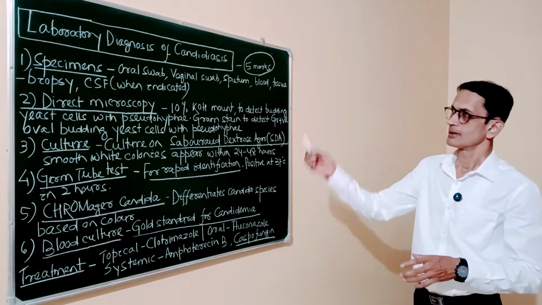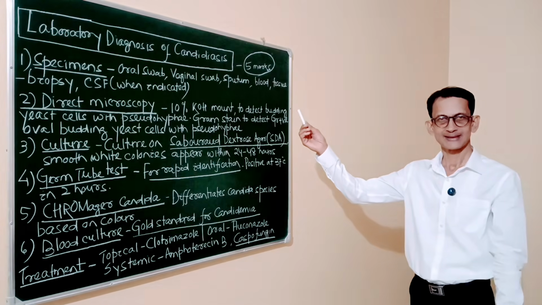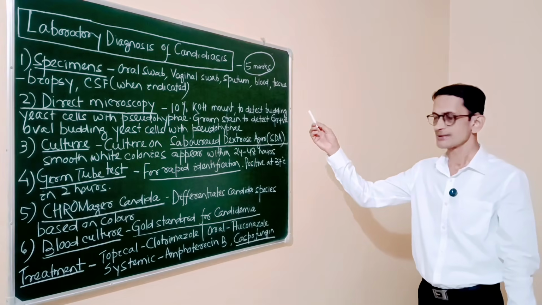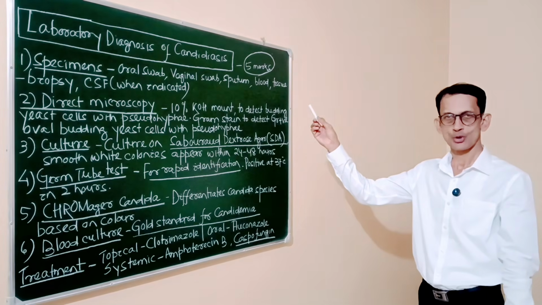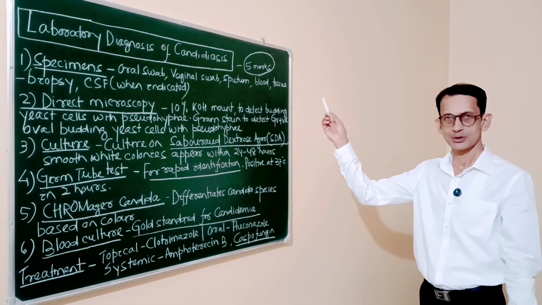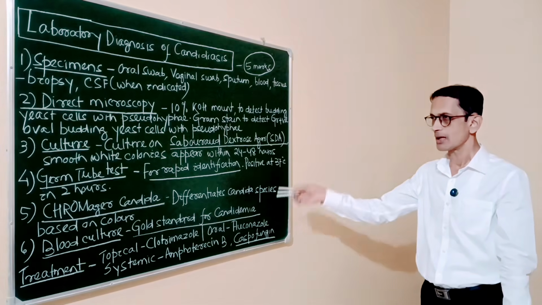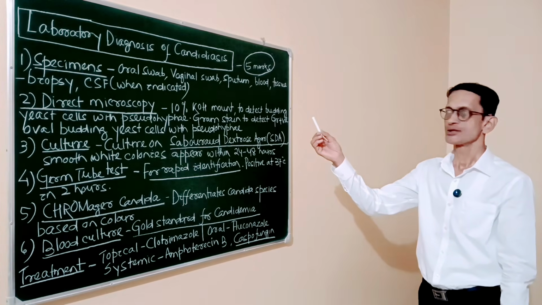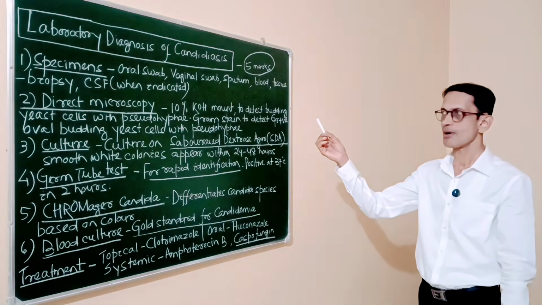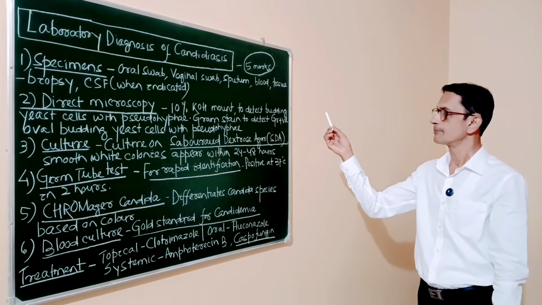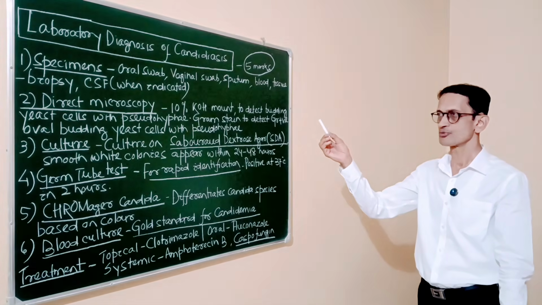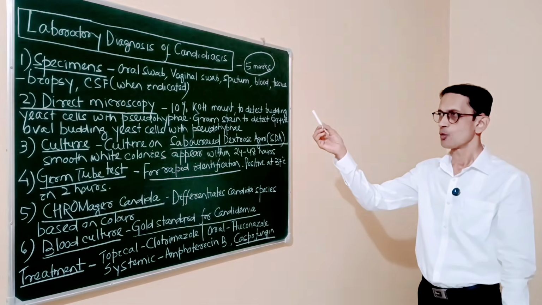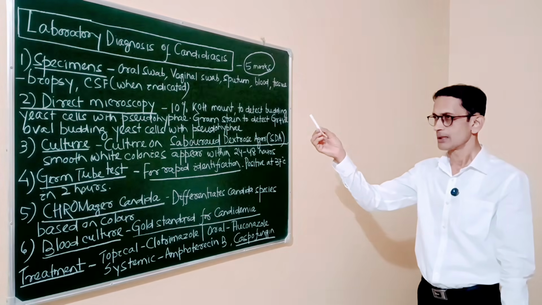So next, laboratory diagnosis of candidiasis. Note this guys, this is also a 5 marks question, and here is the answer for you. Specimens: oral swab, vaginal swab, sputum, blood, tissue biopsy, CSF when indicated.